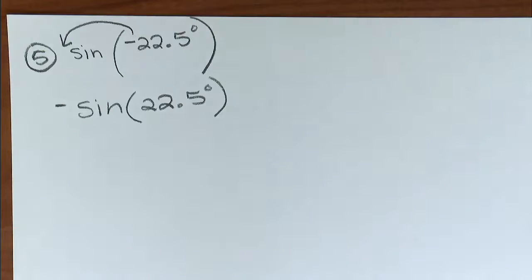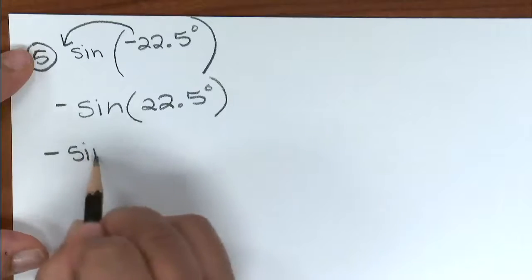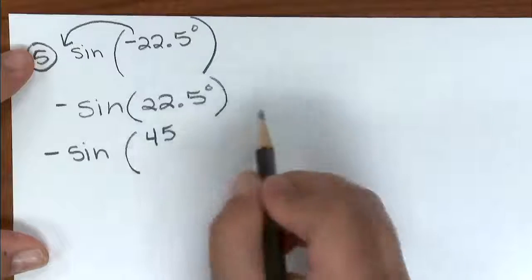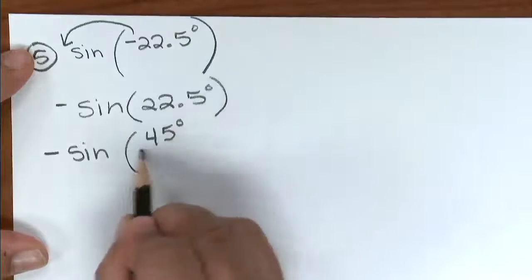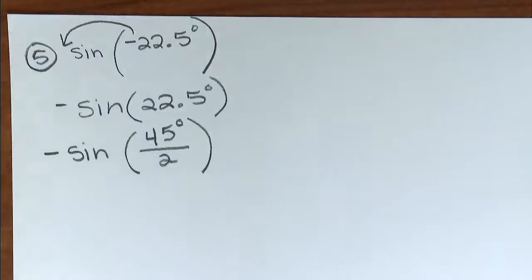So you're trying to make use of the angles that we know very well, 30, 60, and 45, but also employ the half angle formula. So this can be rewritten like this. You can leave the negative out front. You can rewrite the 22.5 degree angle as 45 divided by 2. So you have all rights to use a half angle formula because you are cutting an angle in half. That angle just happens to be 45.